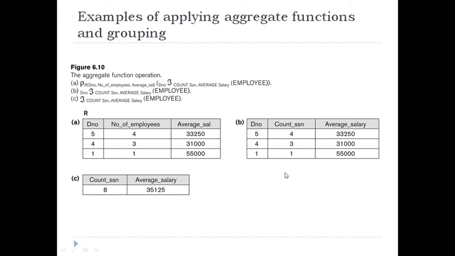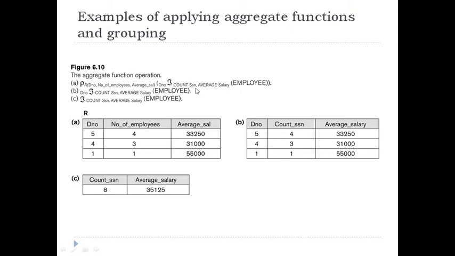Now, the result will be like this. Department number, then number of employees and average salary. So here what we have done, we have renamed the attributes. See, rho is used for renaming.